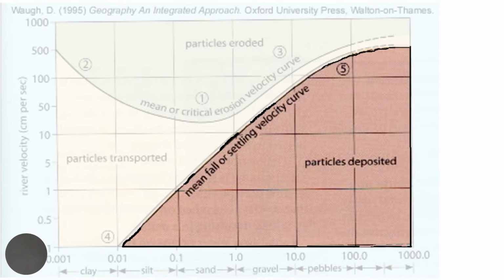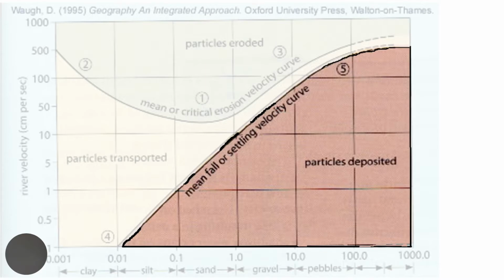Now, let us focus on the settling deposition curve, which shows the maximum velocity at which a river can be flowing before a particle of a certain size is deposited. Notice that clays, once lifted, can travel the complete distance to the sea and will not be deposited.